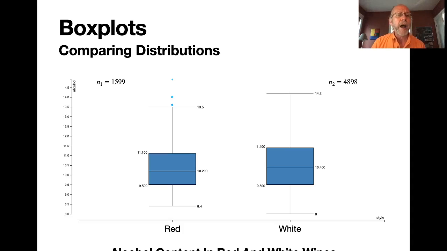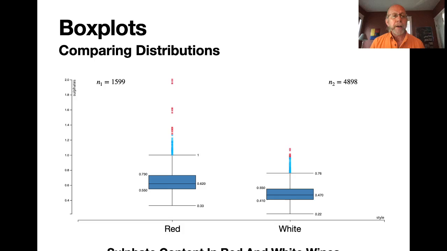You see a few more high outliers in the red data. Those are the three dots you see above, or actually, there's maybe more than three. But these two distributions are roughly the same. They're certainly similar. I wouldn't say the same, but very similar. So we can conclude that red wines and white wines in this data set are roughly similar as far as their alcohol content goes.